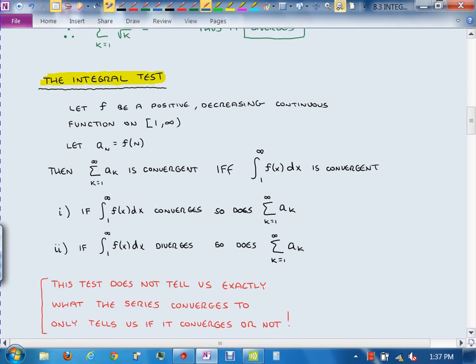How can you tell if a function is decreasing? Cal 1, Cal 1. How do you know if a function is decreasing versus increasing? If someone gives you a function, they want to know if it's going up or down, what do you look at?